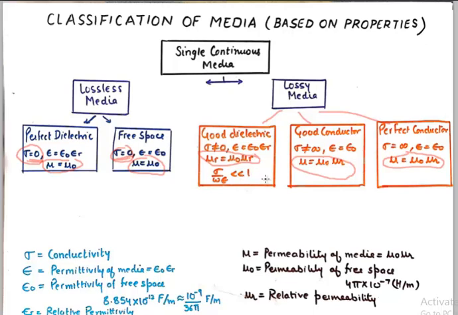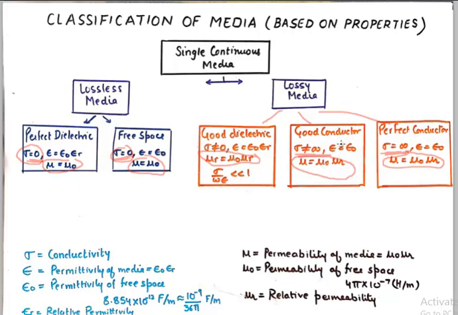It will be different. For good dielectric, sigma will be approximately 0, but a non-zero quantity that will result in some loss. For good conductor, it will not be infinite, but a very very high value, and for perfect conductor it will be infinite. So close to infinity and infinity result in good conductor and perfect conductor respectively.